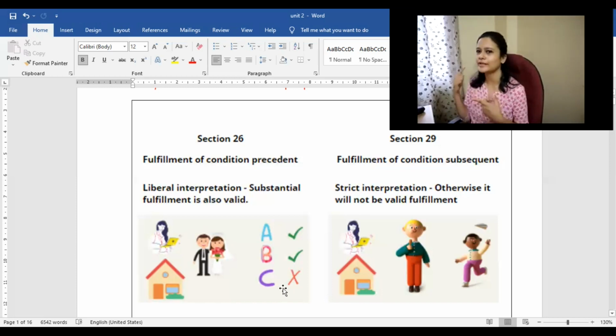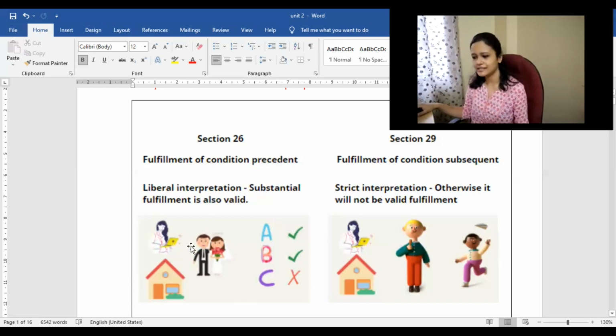You need to get married with the consent of A, B, and C. After that only I will transfer my property, or some amount of money. As given in the illustration, it was some 500 rupees I will transfer to you if you marry with the consent of A, B, and C.